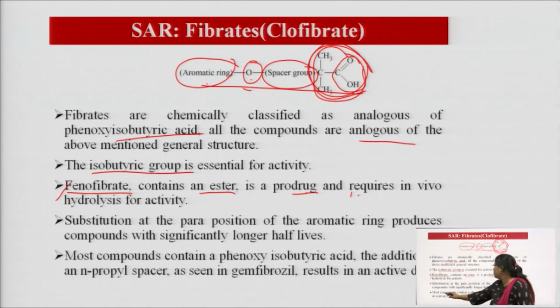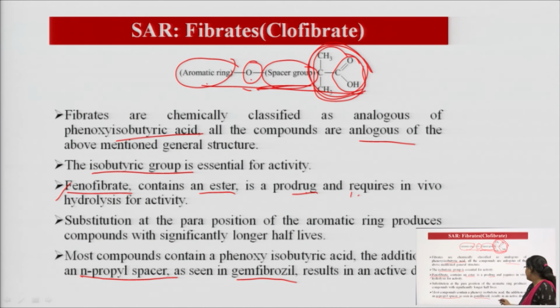And last, most compounds contain a phenoxy isobutyric acid, with the addition of an N-propyl spacer in this place. N-propyl spacer as seen in gemfibrozil, which results in an active drug.